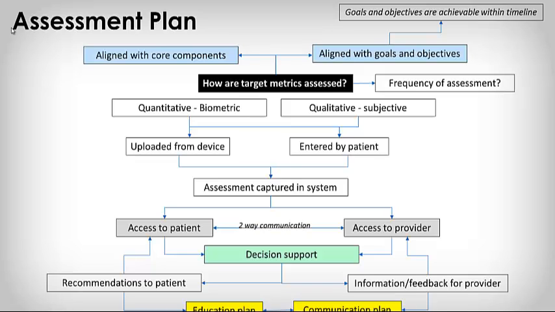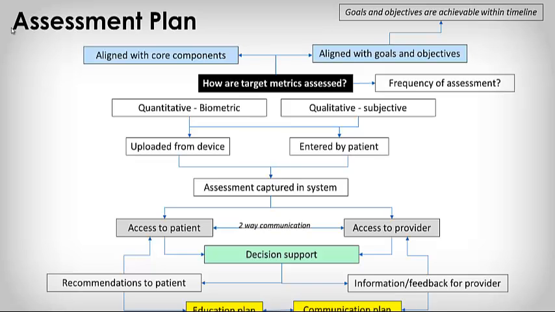These data then are accessible to the patient as well as to the healthcare provider, and there's a two-way communication that goes on between the patient and the provider, and in fact in many cases a three-way communication with the caregiver, leading to decision support tools. So these may include recommendations to the patient.